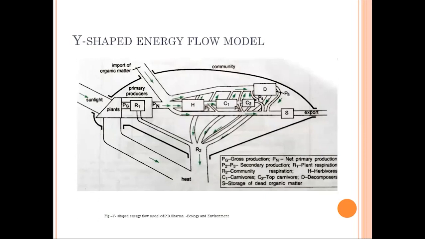The grazing food chain is the one which begins with green plants as producers, and then it goes through herbivores and then to carnivores. Whereas the detritus food chain begins with dead organic matter, organisms that feed on dead organic matter, then detritivores, and then consumers.